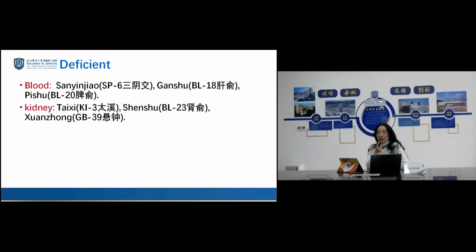We said yuan point is to tonify its own organs. Kidney 3 and the Shenshu bladder 23 and the Xuanzhong gallbladder 39. And the gallbladder 39 is also one of the 8 influential points, the influential point of marrow, so it's connected to the kidney.